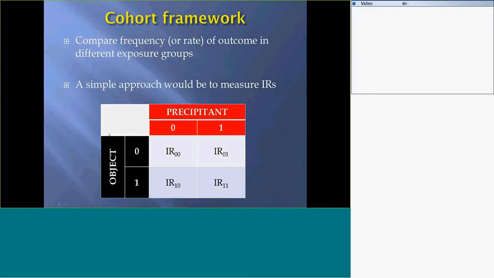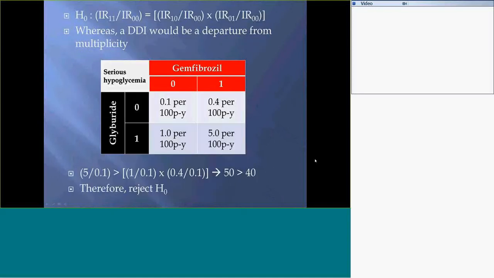So if you look at this very simple 2x2 table here, you can imagine the incidence rate of your outcome of interest, that is hypoglycemia, in the base case scenario. That is, people who are neither exposed to the object drug nor the precipitant drug. You could also envision what that incidence rate might be in people exposed to both of the drugs, that is, in this lower right-hand cell. And then you could envision what it would be for people exposed to only the object, and only the precipitant.